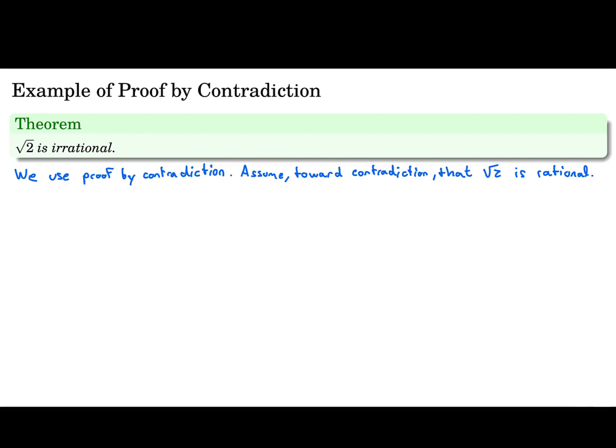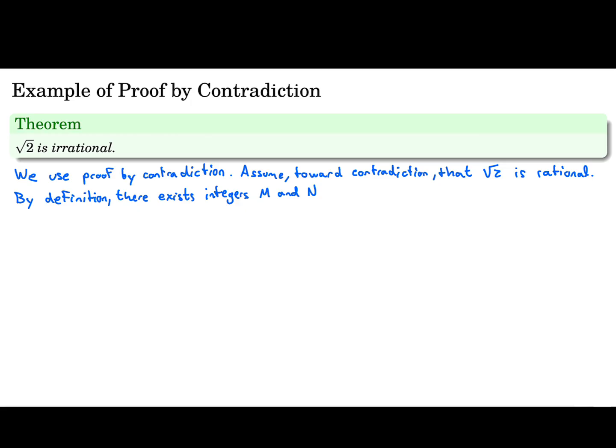Okay, so what does this mean? By definition, there exist integers m and n, and I can assume that they will not have any common factors.